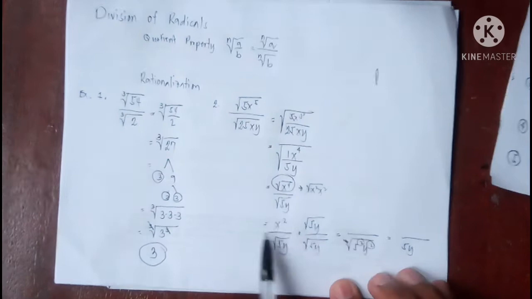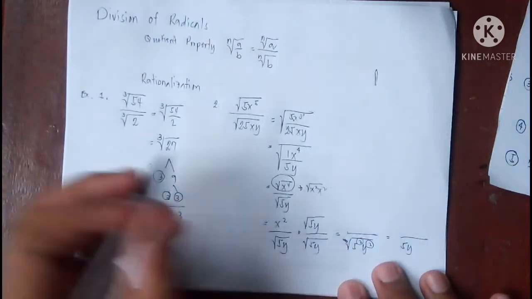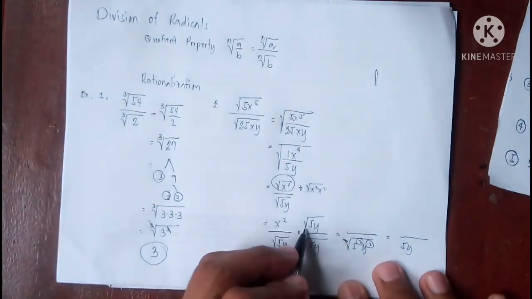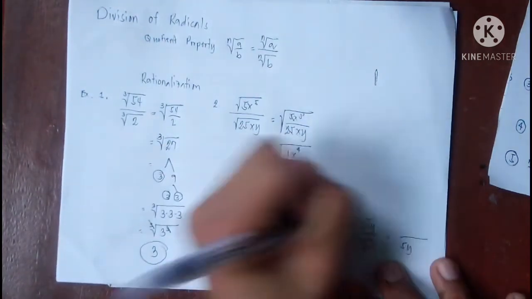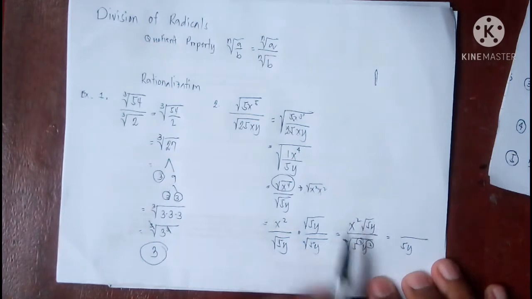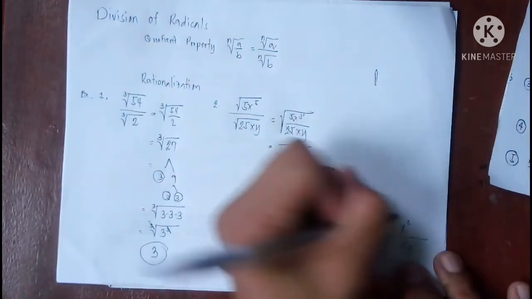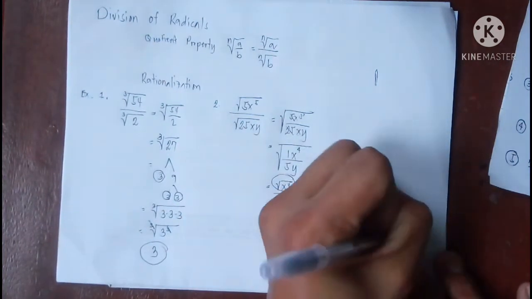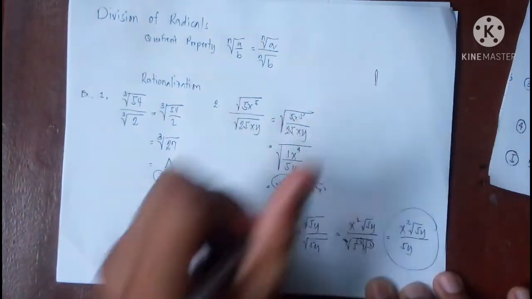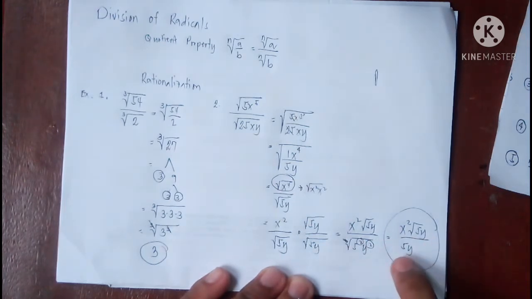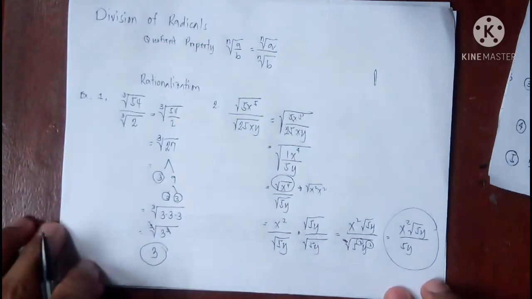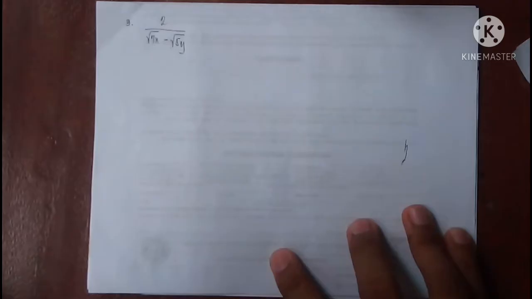And then, imumultiply lang natin yan, so that is equal to x squared times square root of 5y, is x squared square root of 5y. And then, hindi na siya masisimplify. So eto na ang magiging result natin: x squared square root of 5y all over 5y. Okay? So sana ay naging malinaw ang aking paliwanag ng example number.